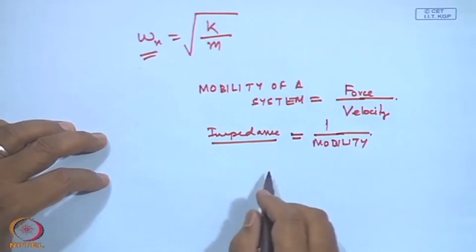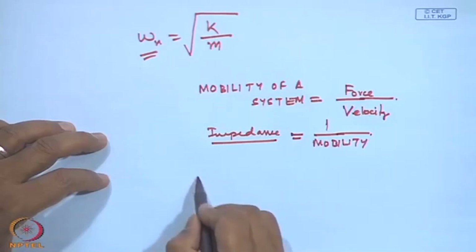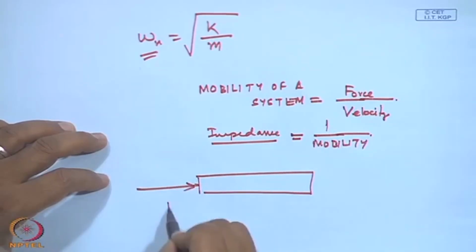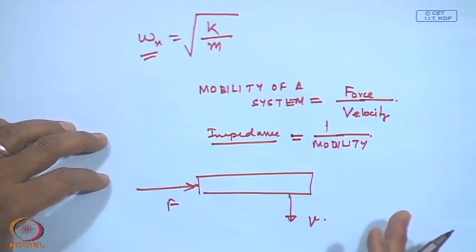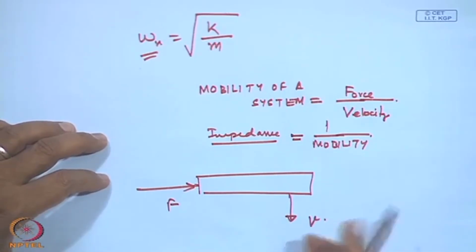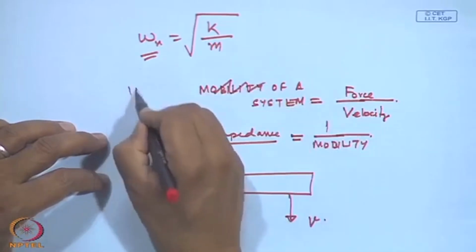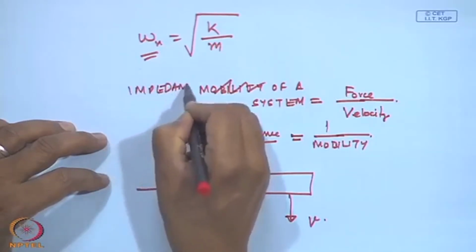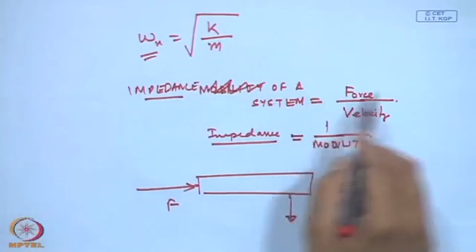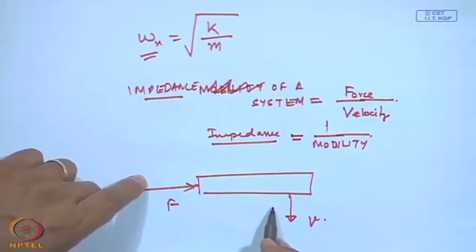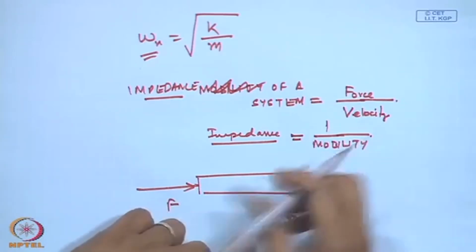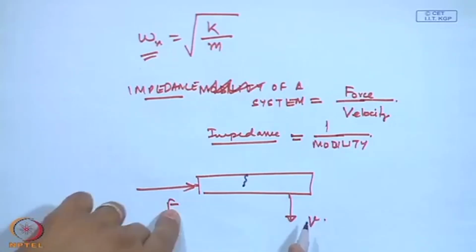So, by giving an excitation to the system, some force, and measuring some velocity, I can find out the system's impedance. Impedance is force by velocity, and it is the inverse of mobility. So, by giving an excitation to a system, I will measure its response. If a crack has occurred, this mobility is going to change. That is also another way of detecting whether a system has undergone a crack or not.